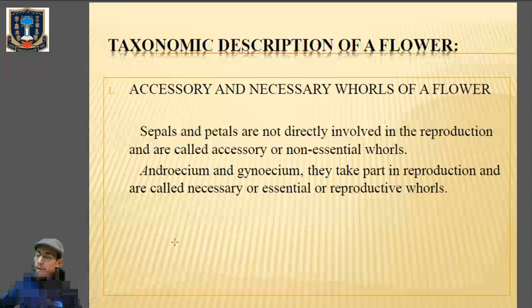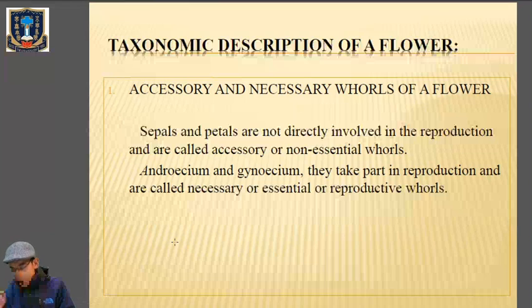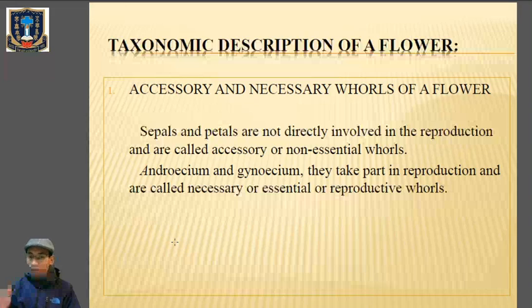Those parts which are directly involved in reproduction are called the necessary, essential, or reproductive whorls of a flower, and those parts which simply help in reproduction are called the accessory or non-essential whorls of a flower. So now we are going to see which parts of the flower are essential and which are non-essential.